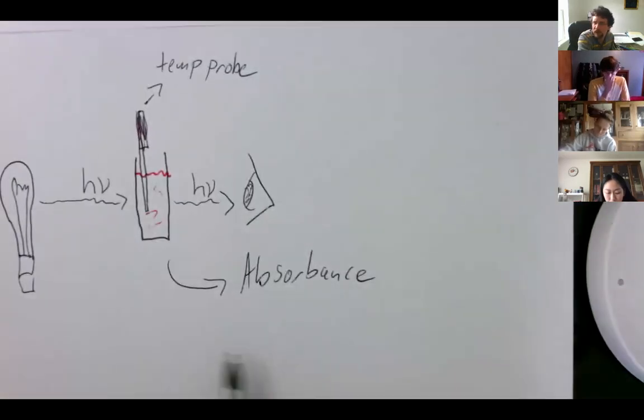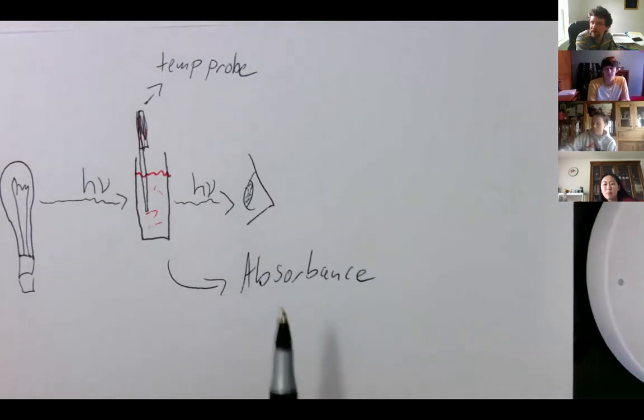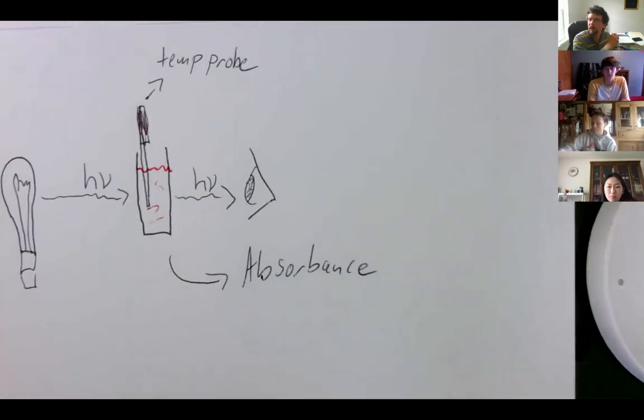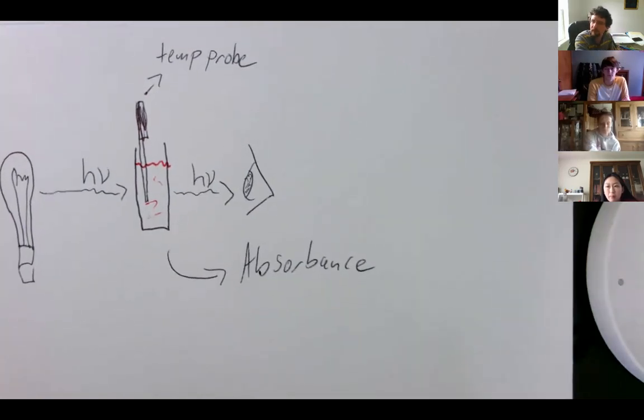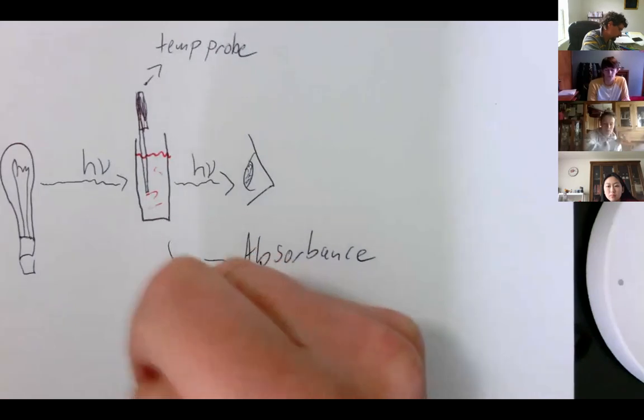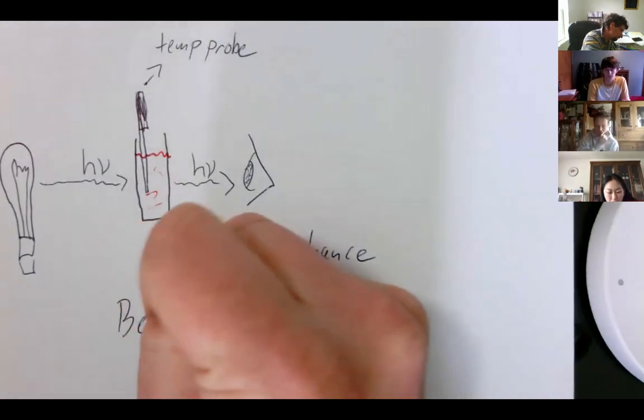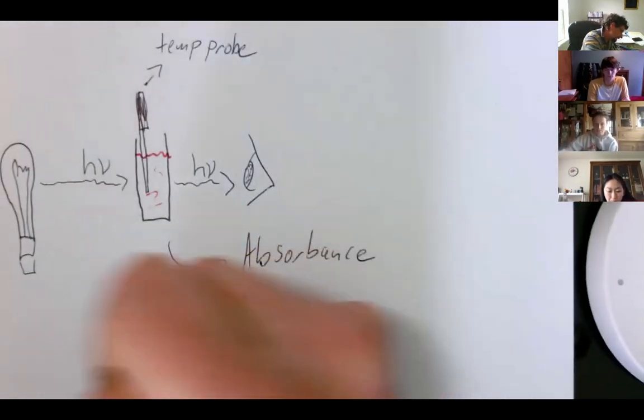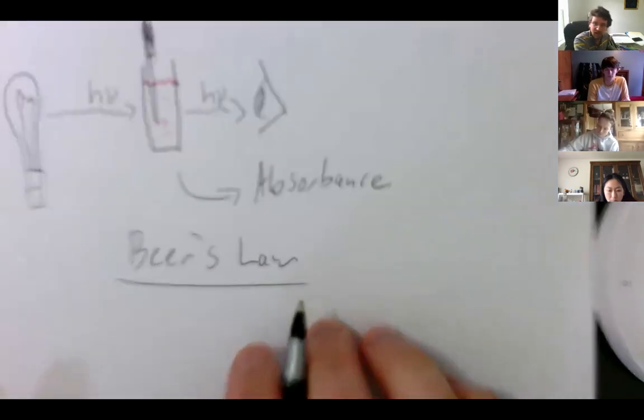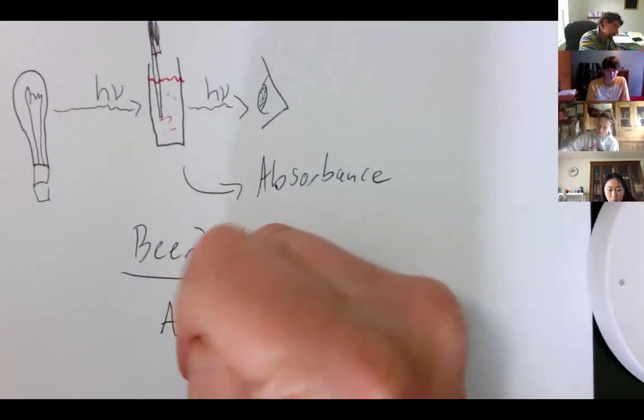However, absorbance doesn't directly say anything about concentration, right? So how are we going to relate the absorbance to the concentration of the sample? Beer's law. Yep. And again, what does Beer's law state? Absorbance is equal to what?